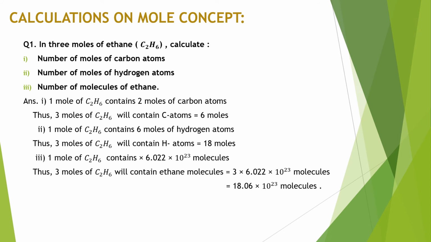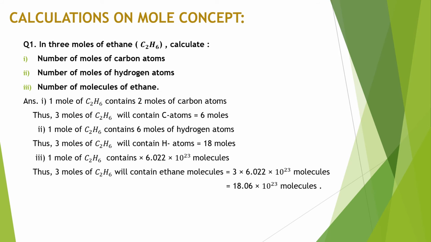You know 1 mole of ethane contains 2 moles of carbon atoms, you can see from the formula itself. Therefore, 3 moles of ethane will contain how many carbon atoms? That will give you 3 into 2, that is 6 moles of carbon atoms.